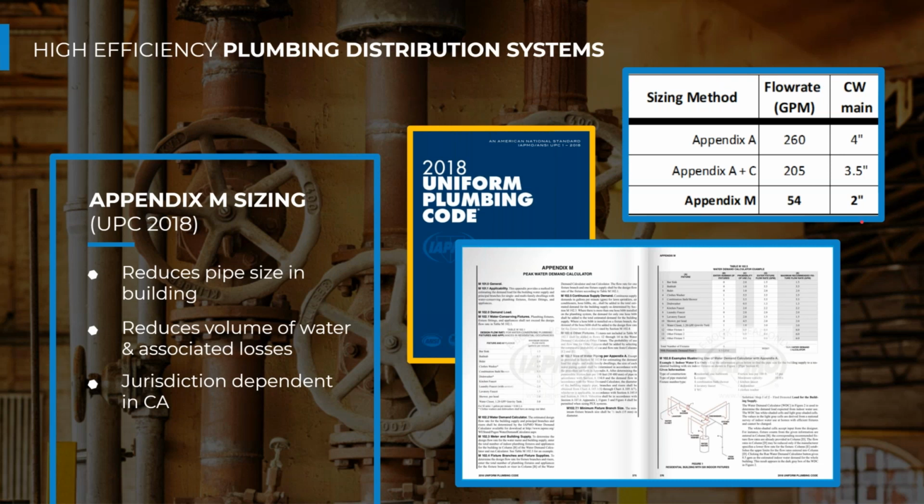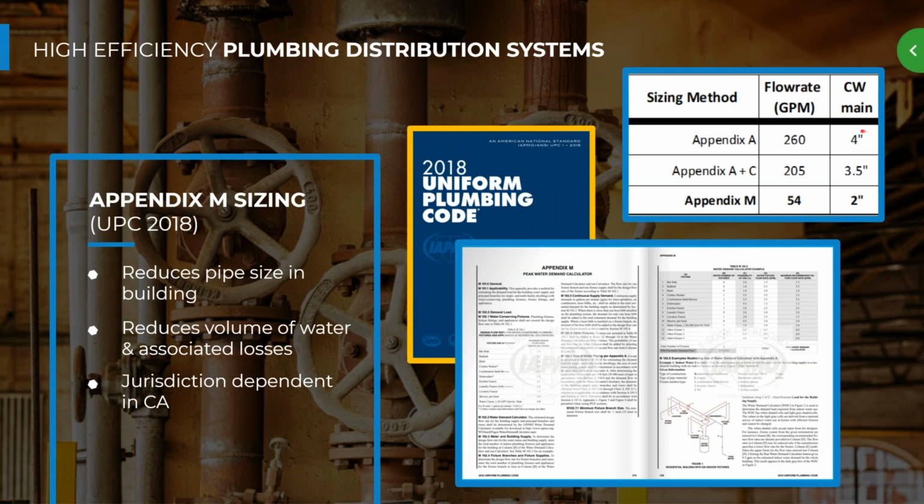Looking at this from a case study in Seattle for a 100-unit apartment building, I put a little summary table up here. Appendix A is going to assume that the peak flow rate is 260 gallons per minute, and we need a 4-inch cold water main to meet that high flow rate. So our hot water main would also likely be around that same size.